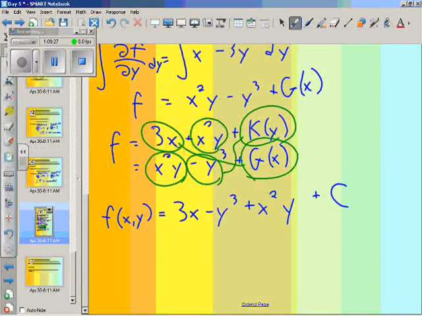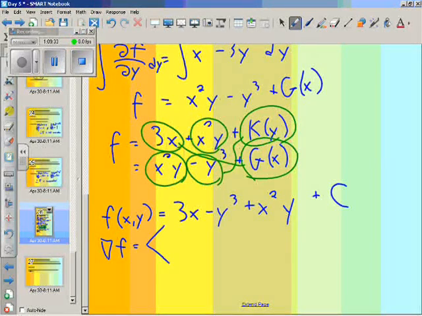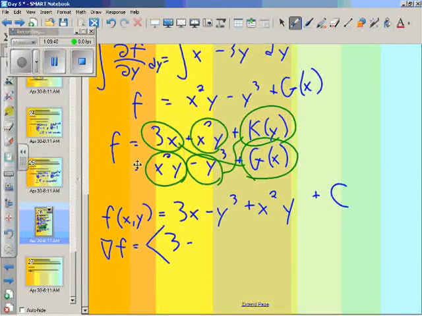Okay? And we can confirm, just to make sure, what the gradient of f equals. When we take the derivative with respect to x, in our first component, we're going to have 3 plus 2xy.